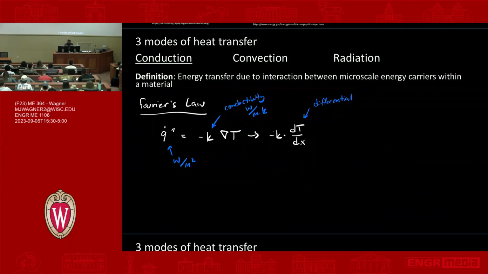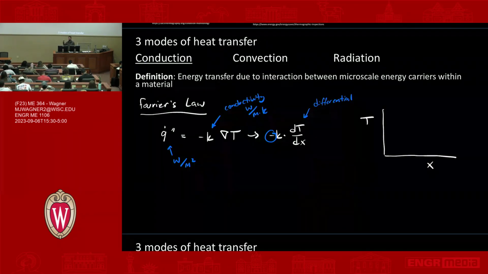You might wonder about this guy here, right? So there's this minus sign. Like, why minus? You get that maybe the heat flow is proportional to conductivity. The higher the conductivity, the more heat flow. I mean, that makes sense. Heat flow is also going to be proportional to the temperature gradient. That makes sense. So why the negative? Well, I guess we could think about it for a moment. So let's plot out here. If I plot temperature as a function of position, if I have heat flow that's in the positive x direction, remember the second law, heat flows from hot to cold, right?